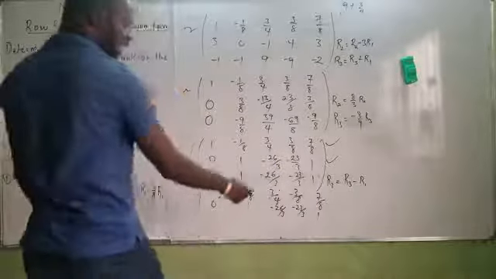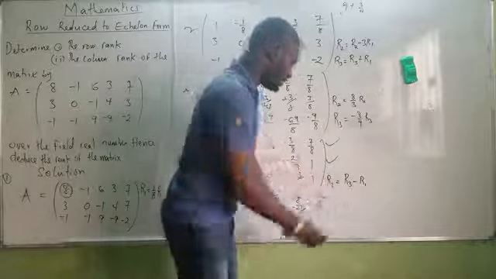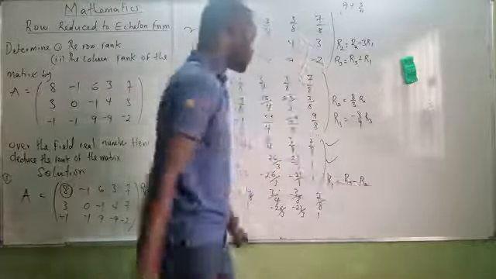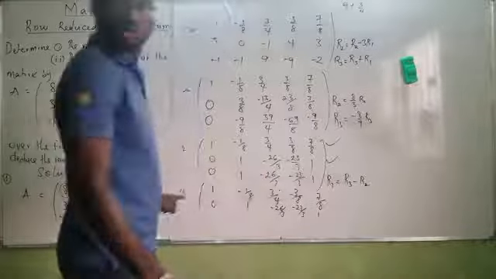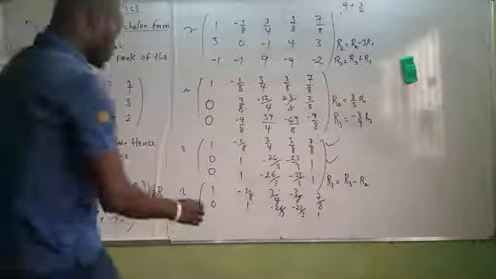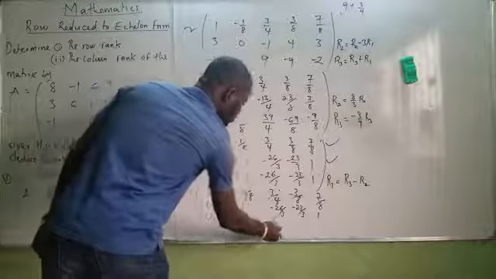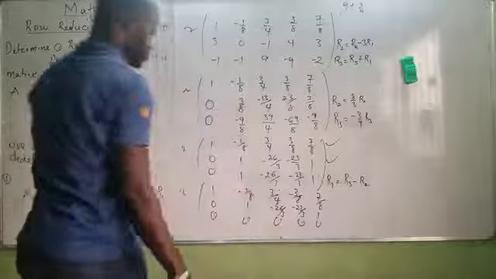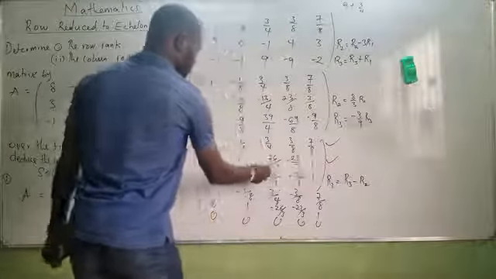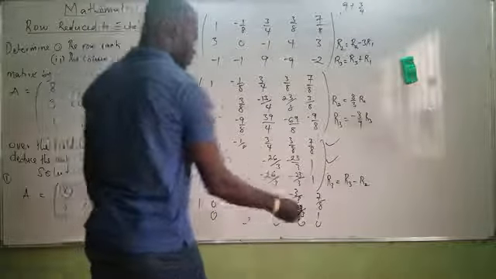Now, the next thing, I want row 3 minus row 2. I can't use this row anymore, which will be 0, 0, 0, 0, 0. This minus this, this minus this, this minus this, and all is 0.